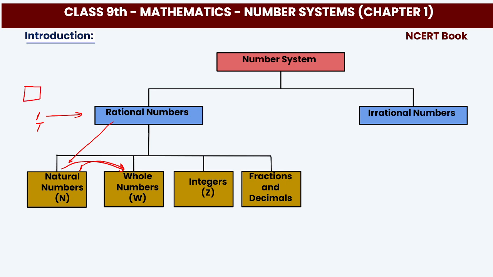So how to understand this? Consider natural numbers as a small box. It can be in a large box, whole numbers. All the natural numbers can be whole numbers, right? All the whole numbers can be integers, right? Clear? But the bigger box can't be in the smaller box.